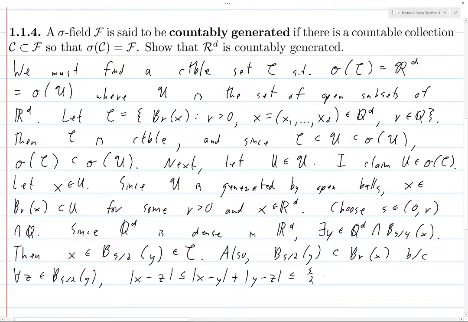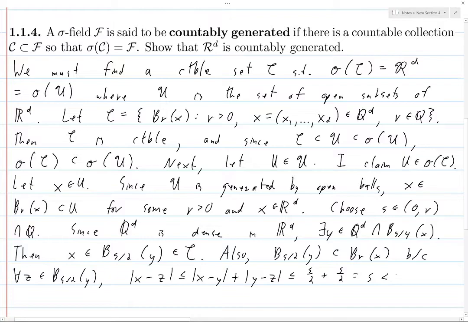And the distance between Y and Z, well, Z is in the ball of radius S over 2 centered at Y, so this is less than S over 2. And so this is equal to S, which is strictly less than R, by the choice of S.